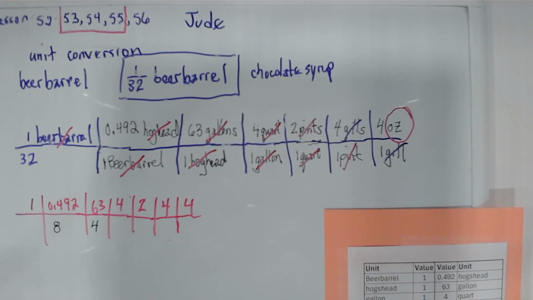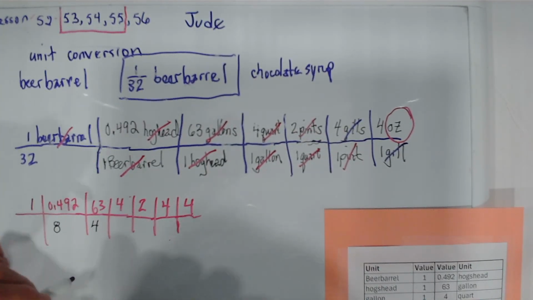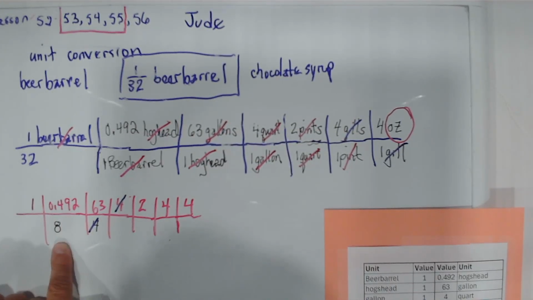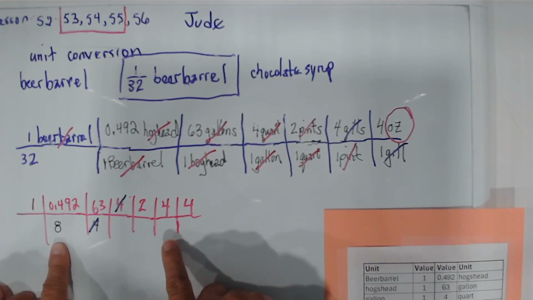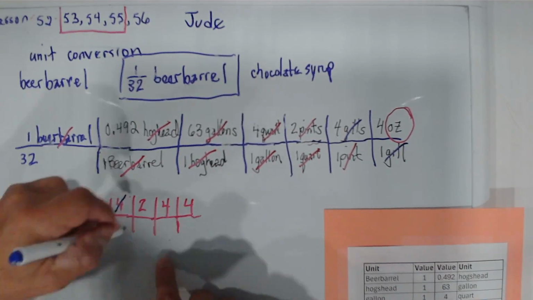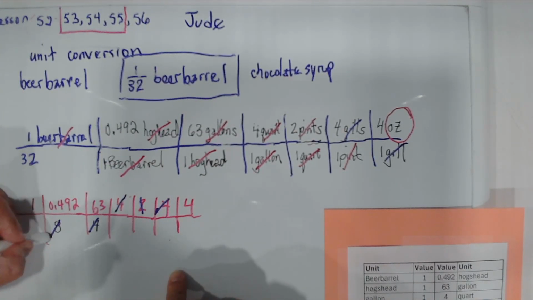That makes my factoring a little bit easier. Now that we factored 32 into 8 times 4, let's see what we can cancel. We can cancel this 4 right here. What are the factors of 8? It's going to be 2 and 4. I've got 2 and 4 here. 2 times 4 is 8. That cancels him out, and him out, and him out.